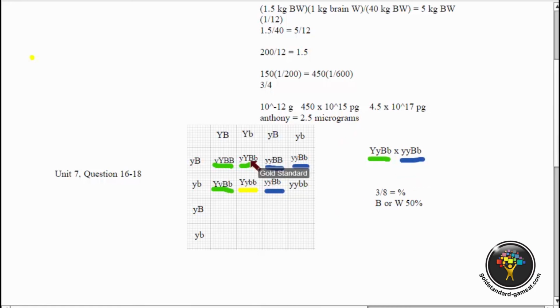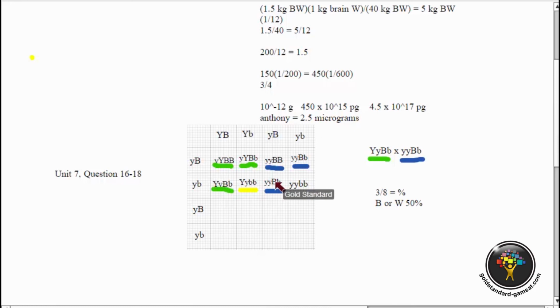The offspring cannot have the same genotype. Do we have any genotype that's identical to the parents? Yes, we have this genotype identical to the genotype of the potential offspring down here. So we know they can have it, and answer choice B is definitely incorrect.